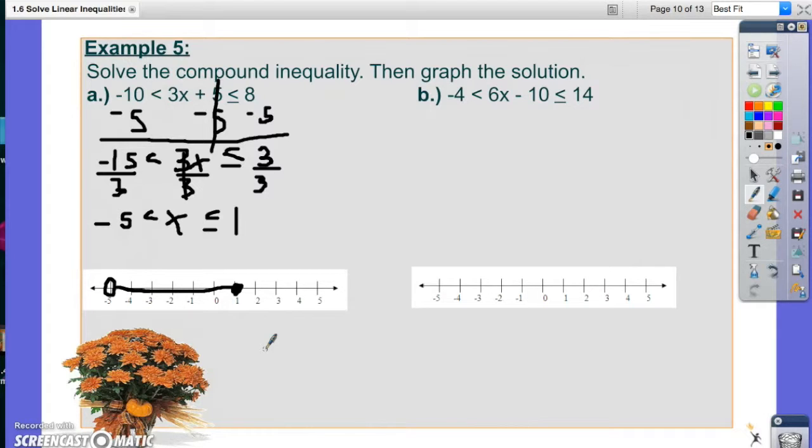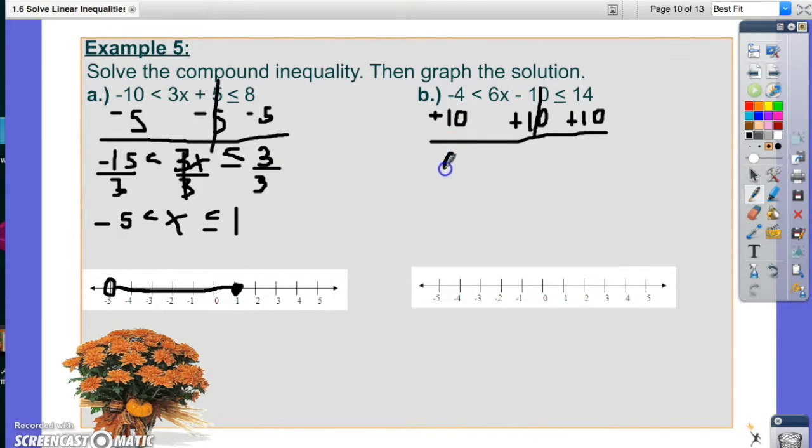All right. Pause the video and try letter B. See how you do with an and compound inequality by yourself. All right, we're going to do the same thing here. We're going to add 10 to all 3 sides. This goes away.